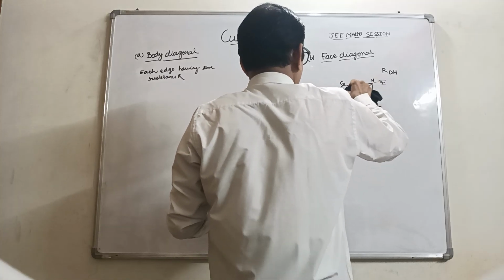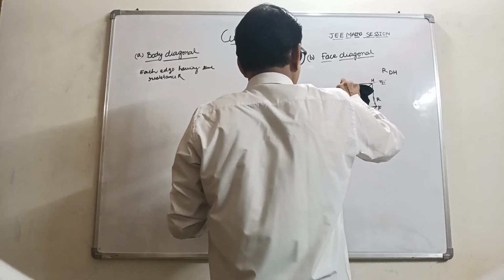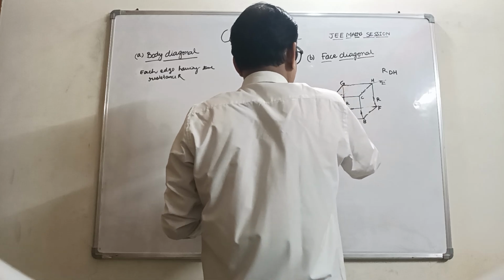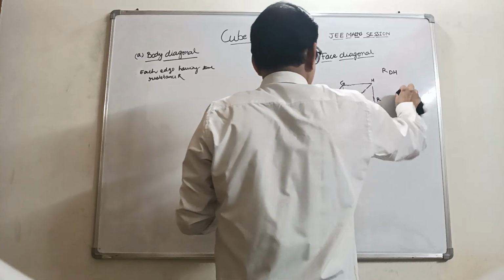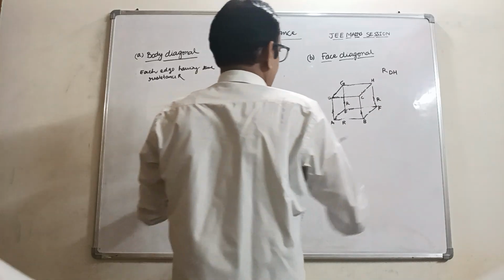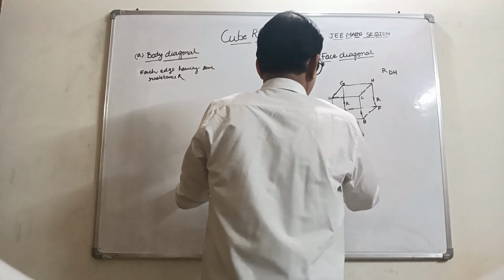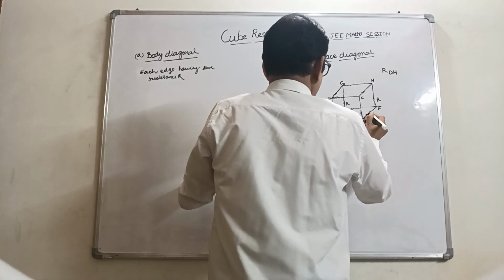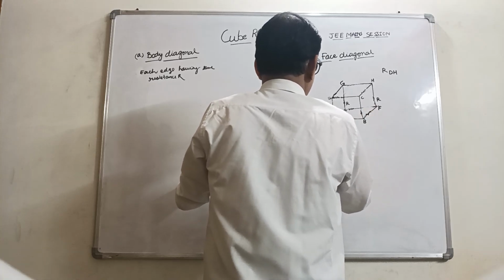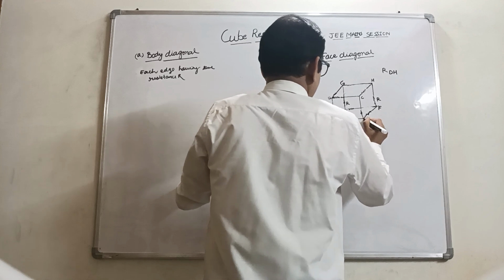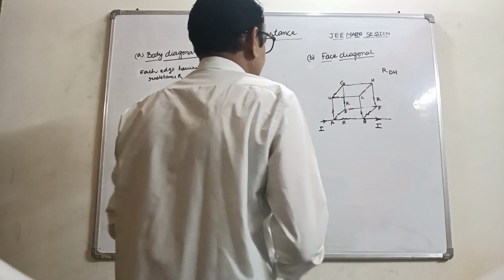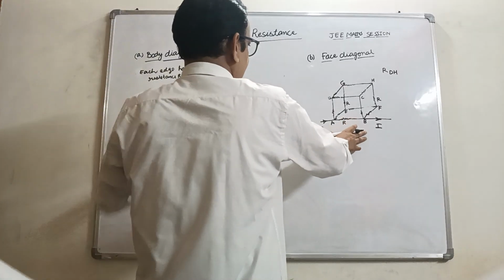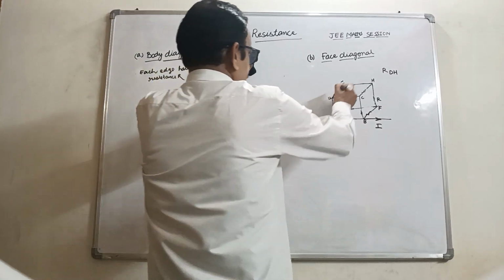Here we remove it and find the equivalent resistance through its edge. The current I flows here, and the battery is connected here.